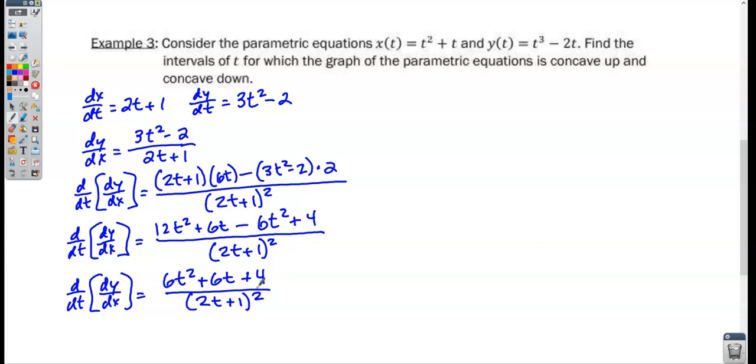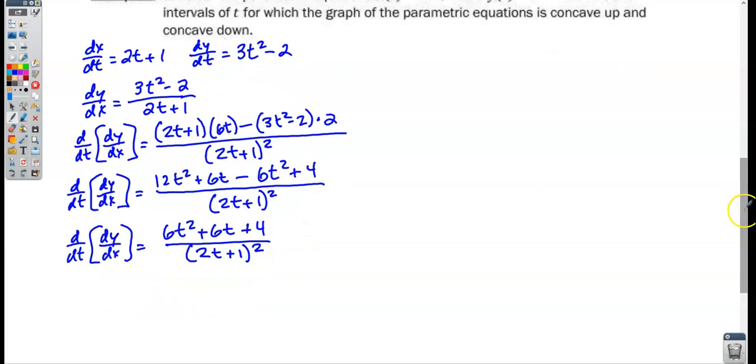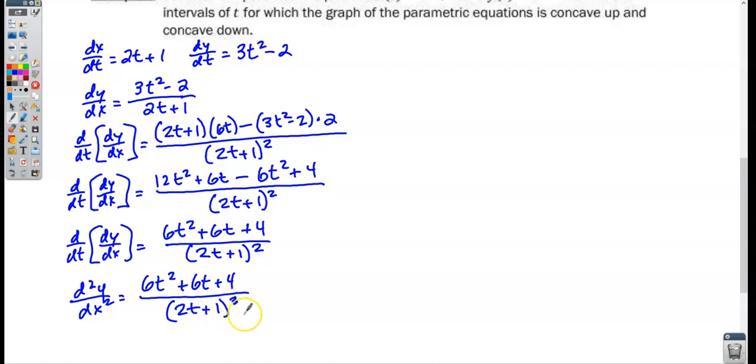And if I find my second derivative, d squared y dx squared, I'm going to take the derivative of dy dx and divide it by dx dt. That's just going to turn this into 6t squared plus 6t plus 4 all over 2t plus 1, the quantity cubed. And now I need to see what's going on with the concavity of this curve.